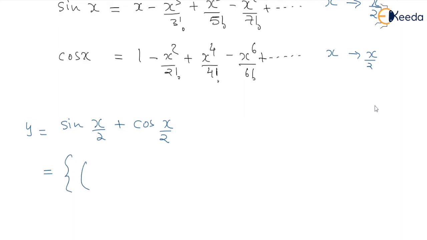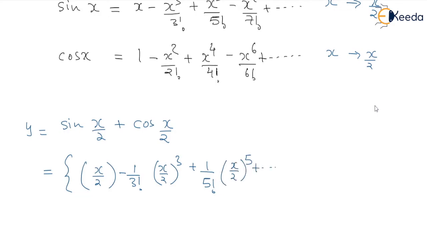So this is x by 2 minus 1 by 3 factorial, which will be 1 by 6, x by 2 cube plus 1 by 5 factorial, which will be 120, x by 2 to the power 5, and so on. Although this will be minus, but this is fine, we are just considering the higher orders.